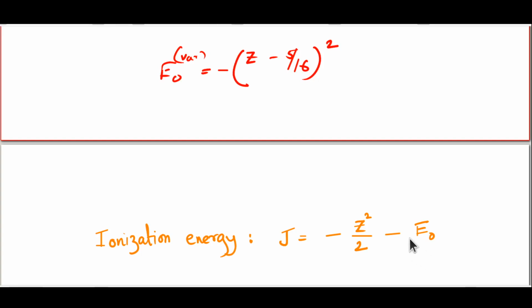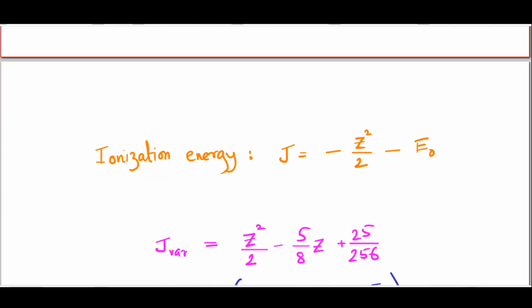So you have to subtract E0 from there. This, of course, is the actual ground state energy of the helium atom. So, using the variational method, when you subtract minus Z minus 5 by 16 whole square from minus Z square by 2, this is the result that you actually end up with.